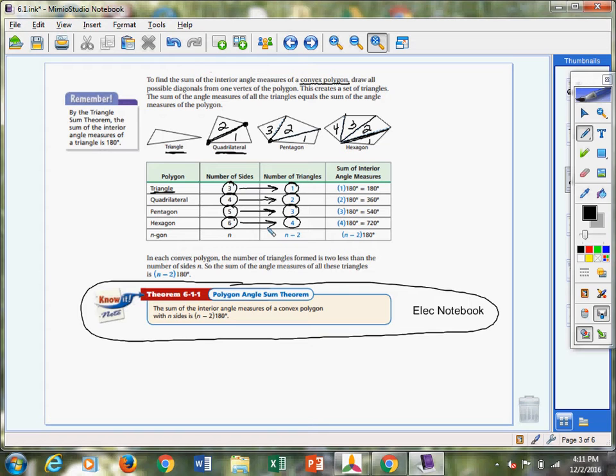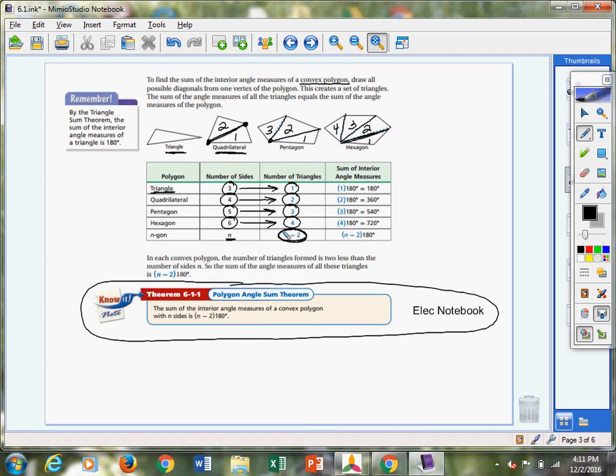Now, if you don't know how many sides there are, or if we're just talking in generalities, using our algebra background and variables, if I have a polygon with n number of sides, then I'm going to form n minus 2 triangles, because that's what the pattern is.